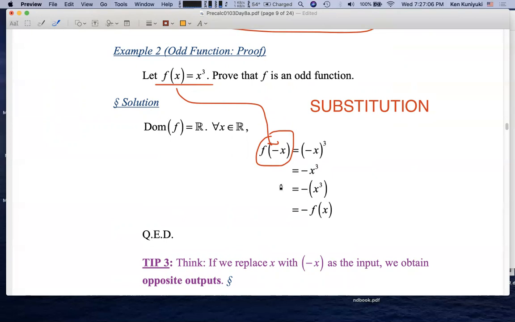And that's actually the opposite of the original function rule here. f of opposite x is the opposite of f of x for all x in the reals, the domain.